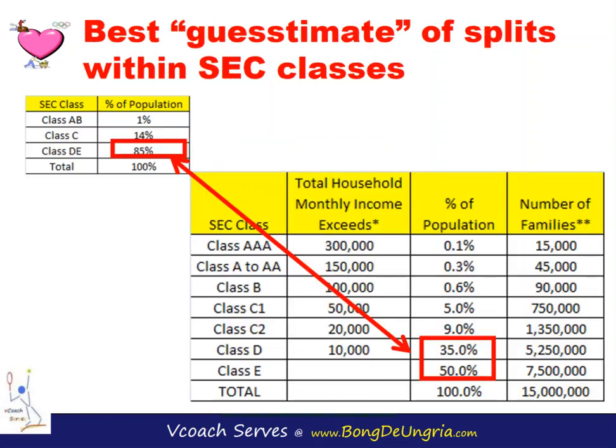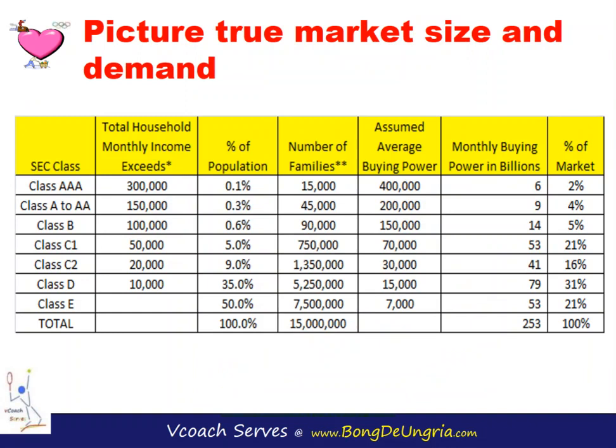We can expand this to relate the income, the number of people with the income, and based on a population, we transform this to the number of families.